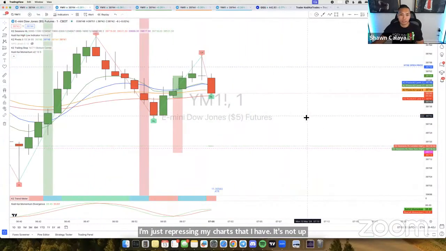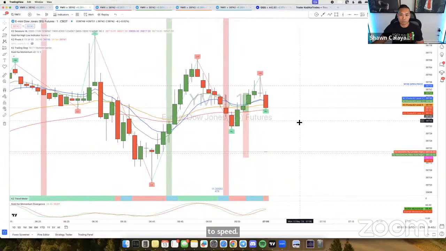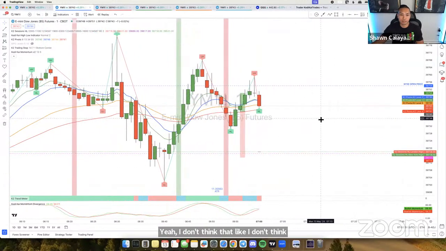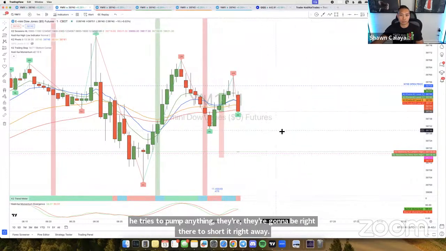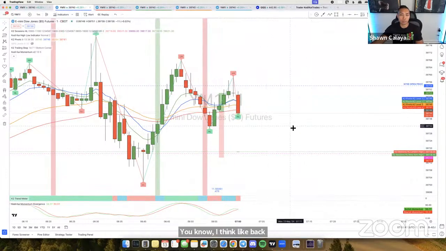I don't think market makers or institutions will really allow for it this time. I think they're going to cut it pretty short. If he tries to pump anything, they're going to be right there to short it right away. Back then they thought it was all a joke, so they just let people pump it up to the point where it got too high. Now, obviously they're going to stop it before it even gets anywhere.